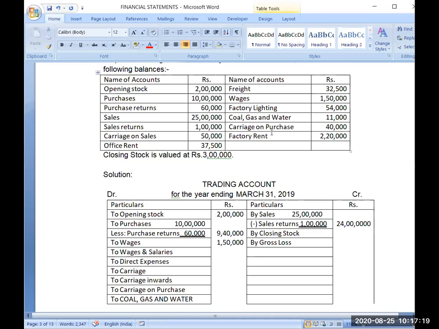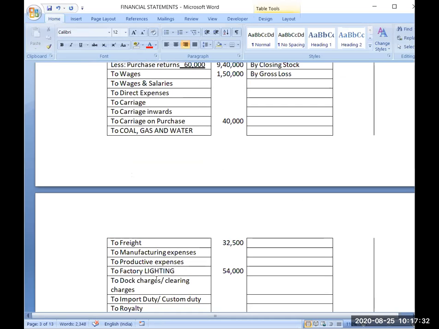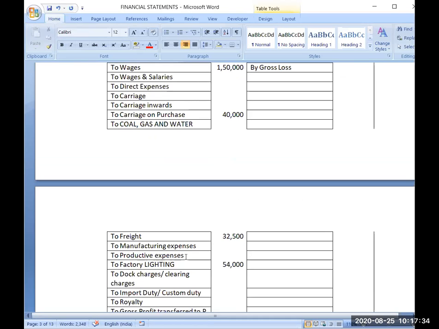Now, next account is carriage on purchase. So carriage on purchase will also be a direct expense. It will come here, 40,000. Factory rent. It is also a factory expense. So it will also come here. I will change the name.